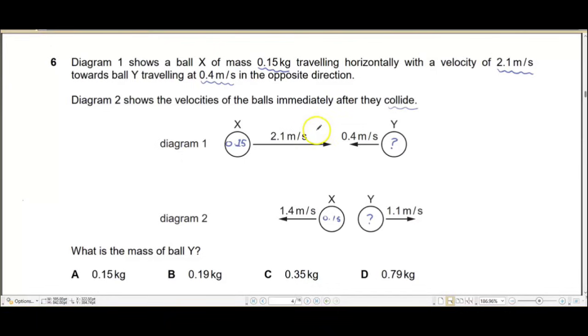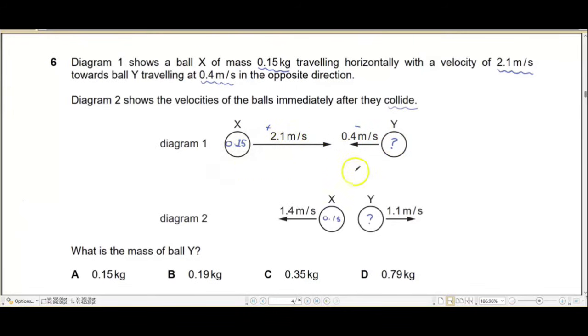We need to know that if this ball is traveling in the right direction and this one is traveling opposite to it in the left direction, one of these velocities is going to be positive and the other negative, since momentum needs direction as well as magnitude when it is being represented. These negative and positive signs tell us that these two balls are moving in opposite directions.